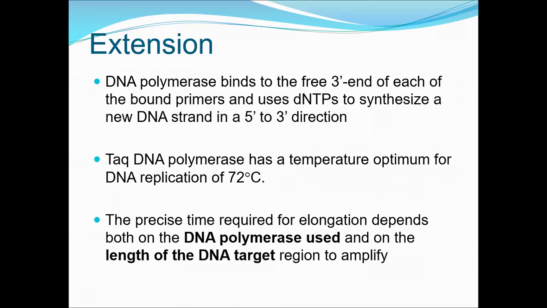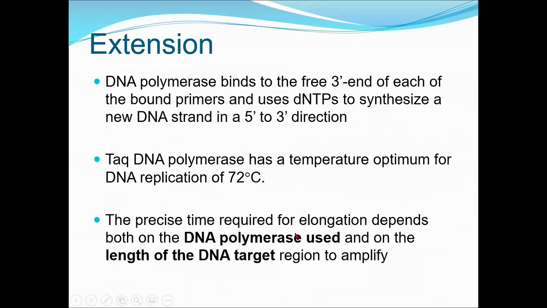Then comes the last step, which is the extension, performed at 72 degrees Celsius. The time depends on the length of the target DNA to be amplified, as well as on the polymerase.